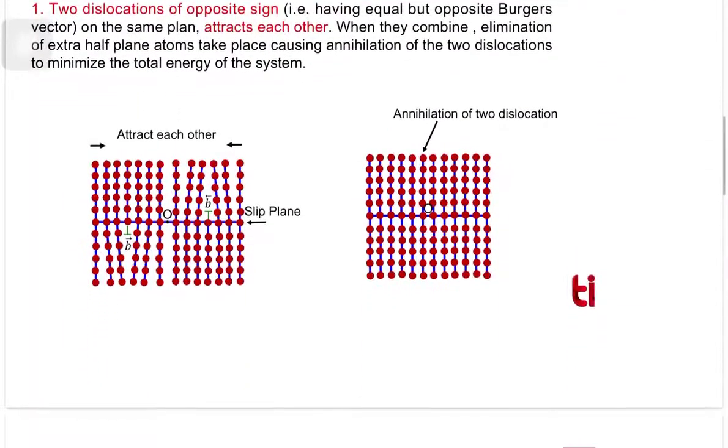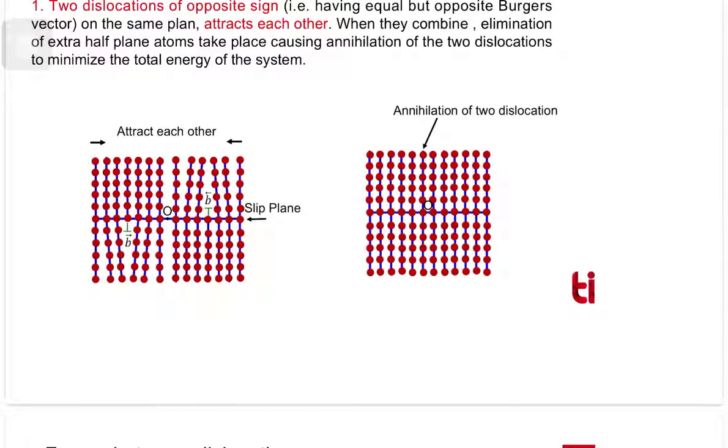If you see the dislocations, you can have a positive edge dislocation here and a negative edge dislocation. In the positive edge dislocation, there will be compressive stresses and tensile stresses. If it is negative, here are the compressive and here are the tensile. Opposite sign dislocations attract each other under shear forces, and we call it annihilation of two dislocations.